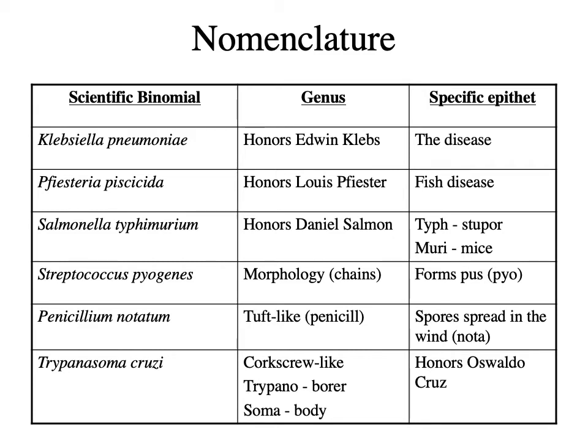That gives you a picture of what it looks like in your head. Pyogenes, which you'll come to know, pyo means pus. So this is a chain of round bacteria that probably causes pus when it infects someone. So sometimes when you look at the name of a bacteria, you'll know that it's named for somebody, or it actually will tell you something really cool about the bacteria.